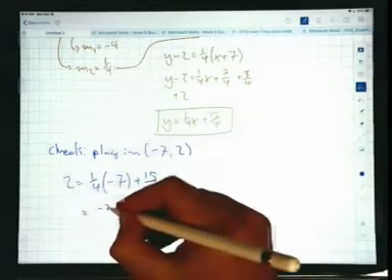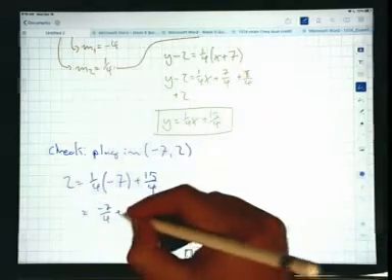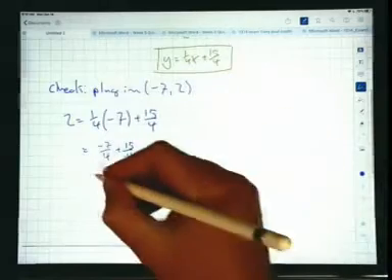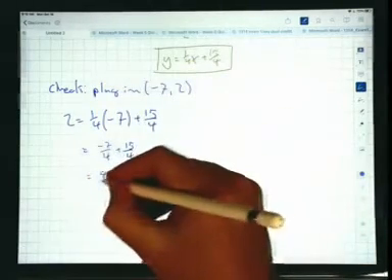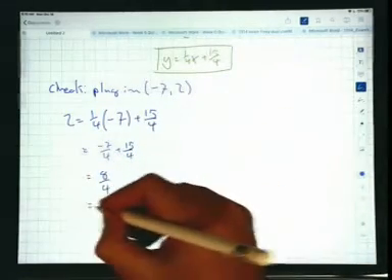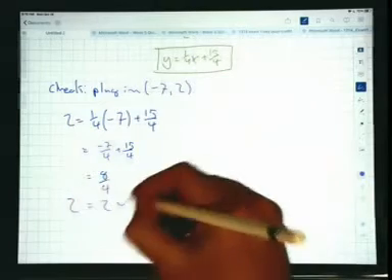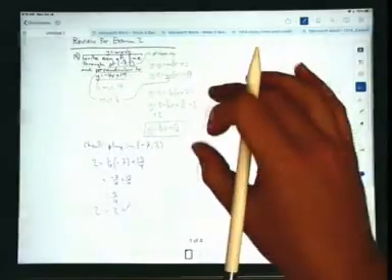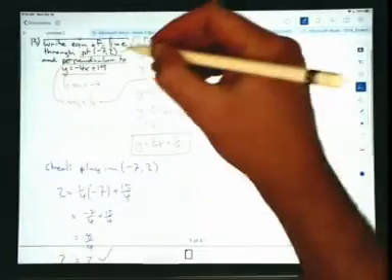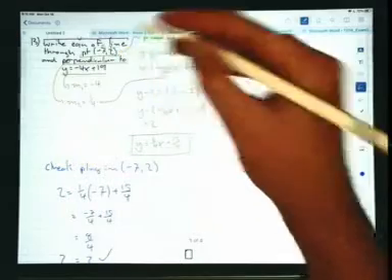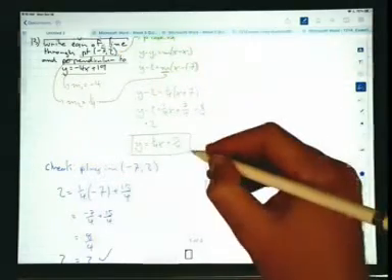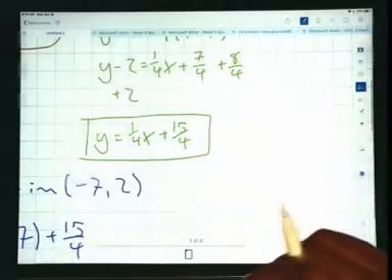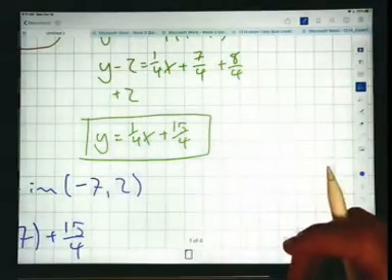So that's -7/4 plus 15/4. -7 plus 15 is a positive 8/4, and 8/4 is 2. So 2 is equal to 2. It checks out. So I've verified that this point that's supposed to go through does indeed work for this equation. So here is our final answer: y is equal to 1/4 x plus 15/4.